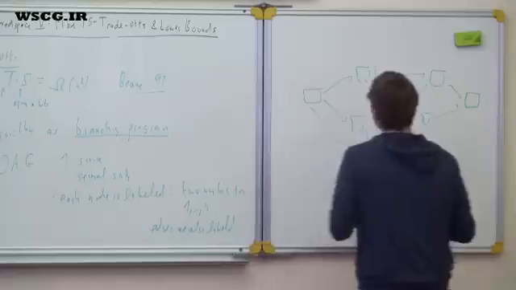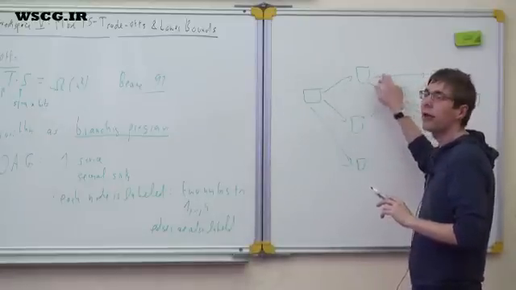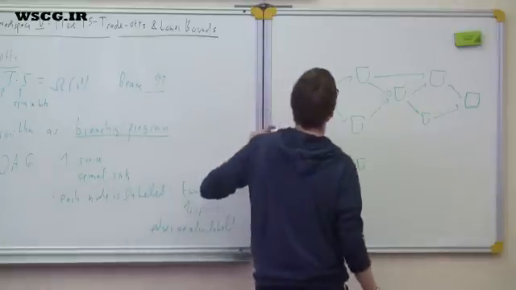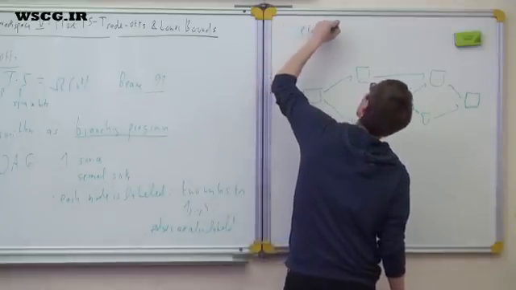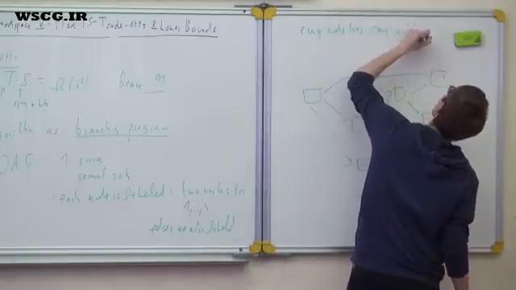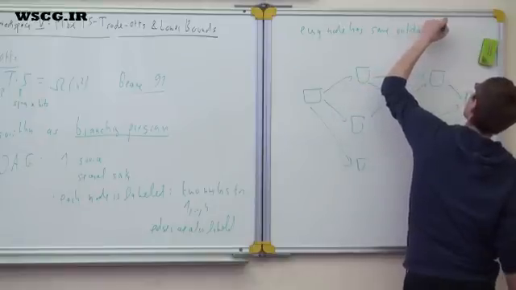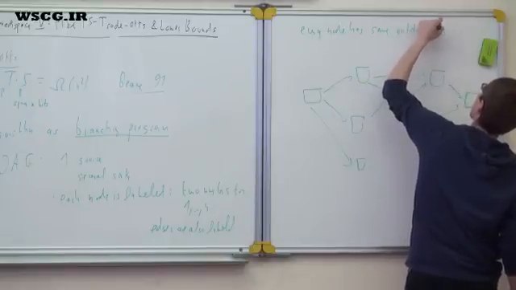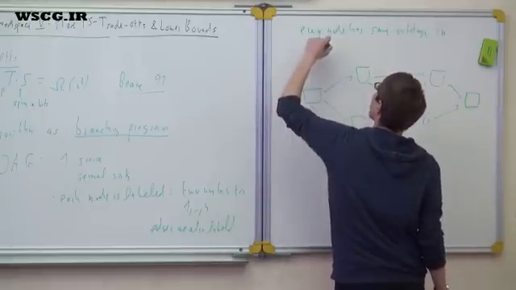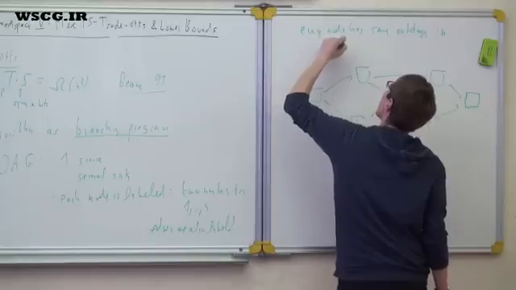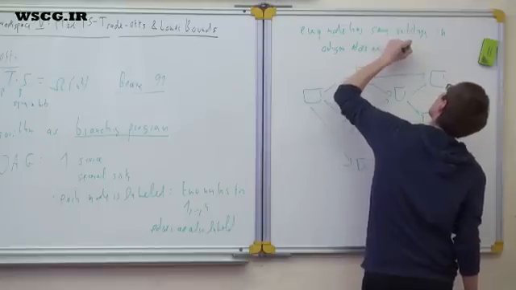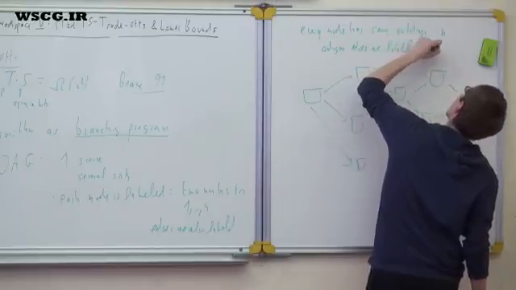Indeed, every node has the same out degree, which is maybe also something like n, and the outgoing edges are labeled from 1 to n.